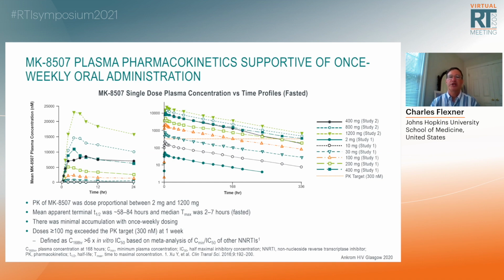And what you can see in this study is that all doses of MK-8507 greater than 100 milligrams achieved the target antiretroviral concentration for at least 7 days. The terminal elimination half-life of this drug is 58 to 84 hours with a Tmax of 2 to 7 hours, and minimal accumulation is expected with once weekly dosing.